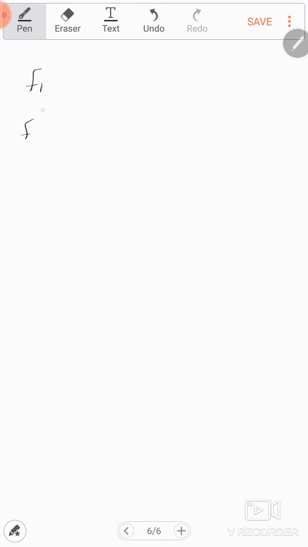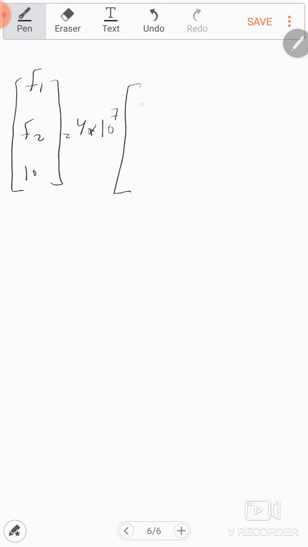F1, F2, F3 equal 10, and the displacement we have 0.